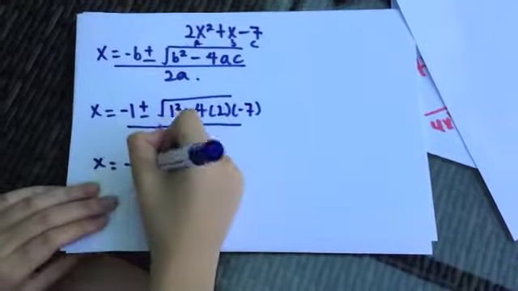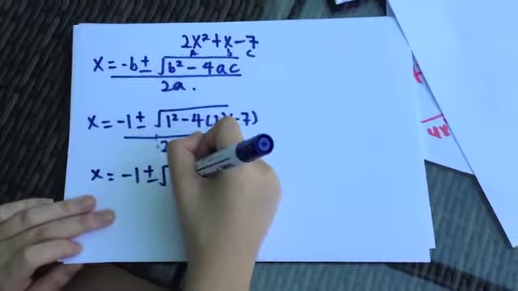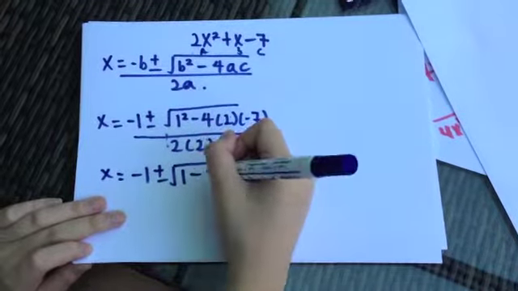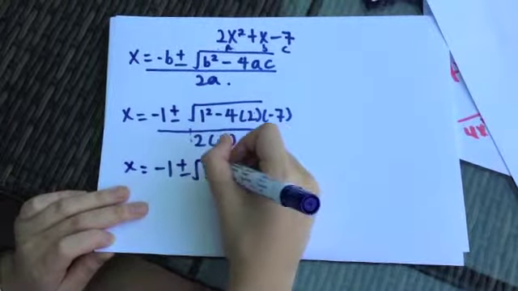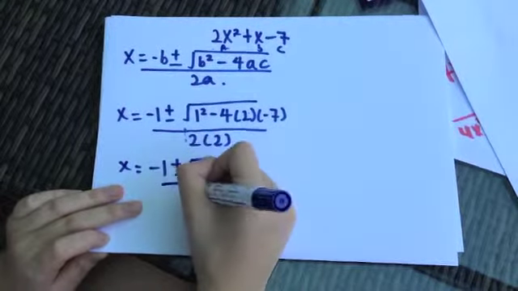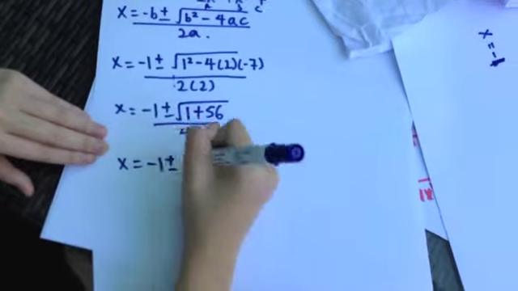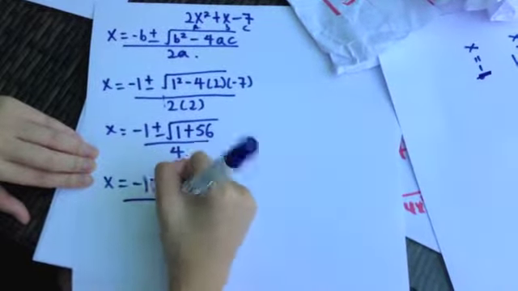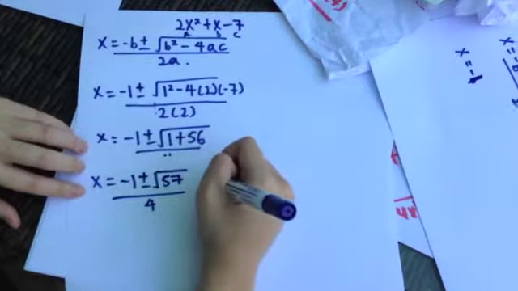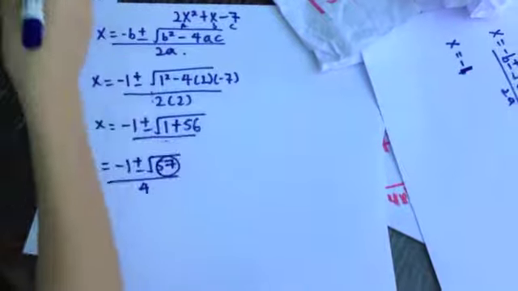So when we get that in total, since 1 squared is 1, negative 4 times 2 is 8, and 8 times 7 is 56, so it's positive 56, over 4. So x equals negative 1 plus or minus the square root of 57, over 4. I'm guessing that we have to simplify this square root.